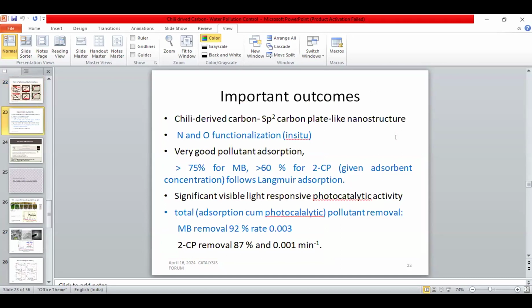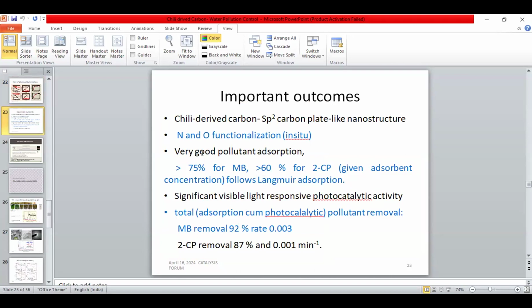So the important outcomes from this carbon itself: it is chili-derived carbon from chili pepper itself, and we have nitrogen and oxygen functionalization in situ during synthesis only. We don't have to go for extra steps and extra chemicals for nitrogen functionalization.